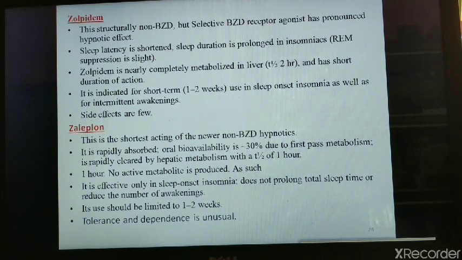It is absorbed rapidly and the peak level is produced in 0.5 to 2 hours with a T-half of 3.5 hours. But chronic intake of etizolam may produce tolerance and dependence, and it carries abuse potential. Etizolam is indicated for short-term management of anxiety, panic, and sleep disorders.